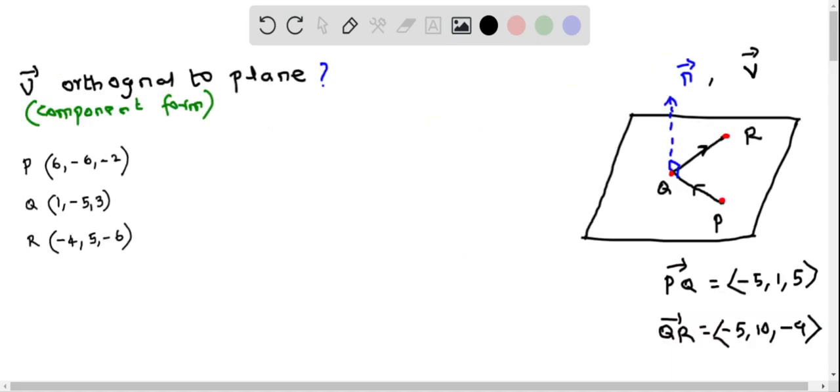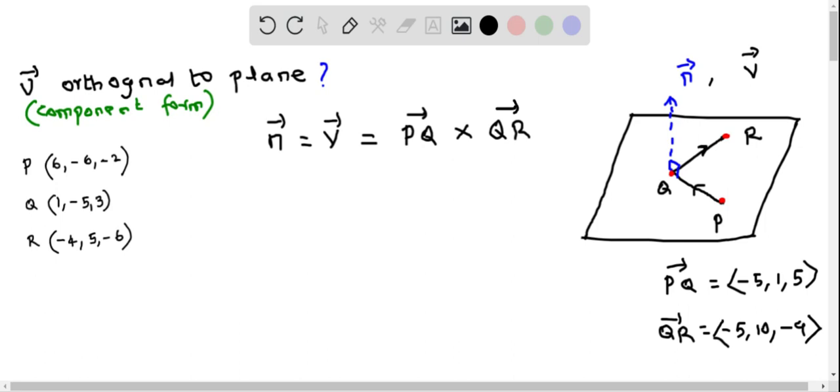Let's now determine the n vector, which is nothing but the v vector, because both the n vector and the normal vector are orthogonal to the plane. So to find this, we know from the rules of a plane, we take the cross product of any two vectors lying on the plane. So here we take the PQ vector cross product with the QR vector.